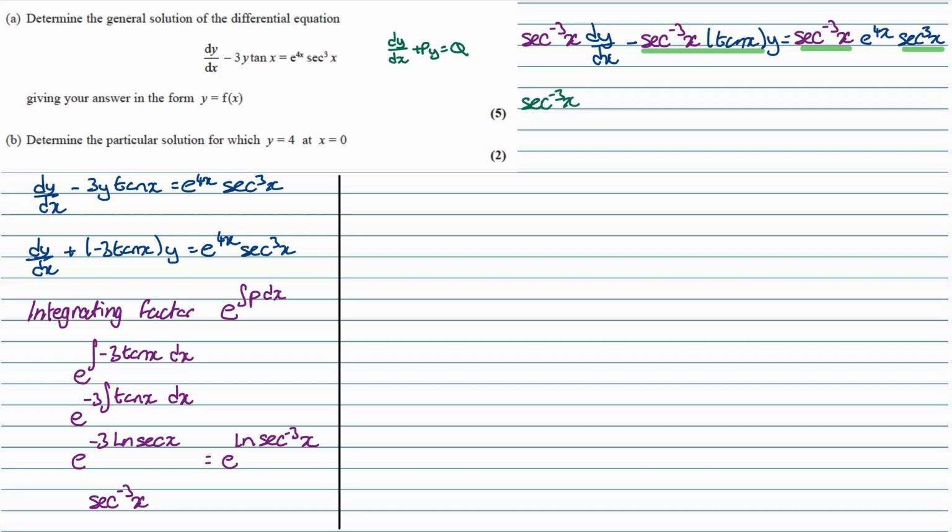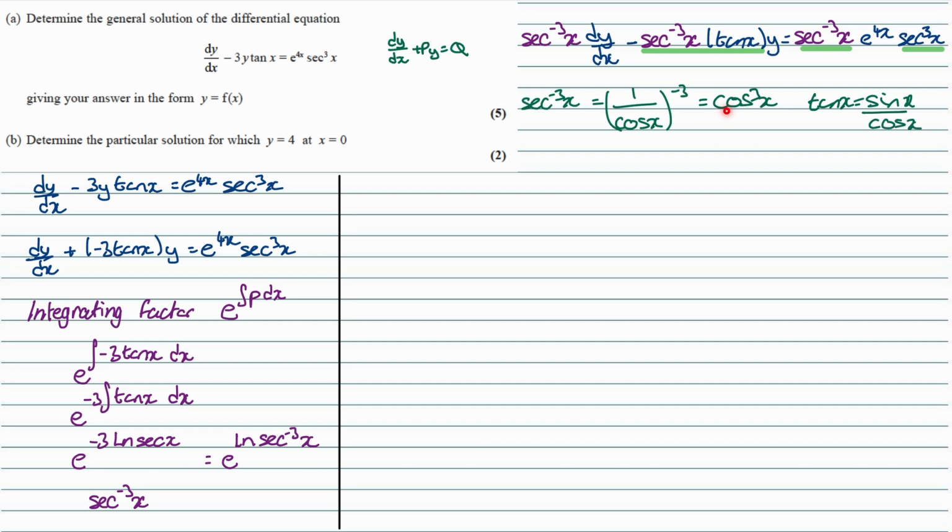we know sec to the negative 3x is the same as 1 over cos x to the negative 3. We can flip this upside down with this negative, and this will leave us with a cos cubed of x. And tan x is sin x over cos x.